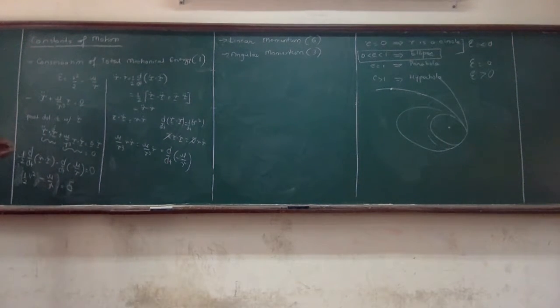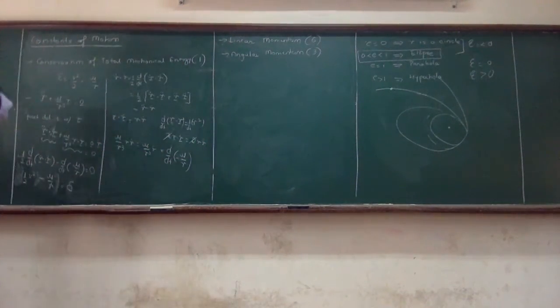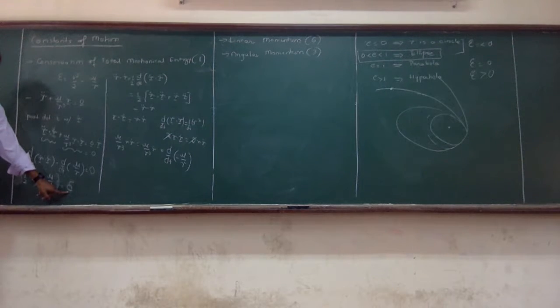Now think about this. If you want to calculate the escape velocity at a particular distance, what would you do? You use this. Substitute this equal to, if you want to escape, this will be 0. The minimum required, and then you put in this r, at what stage you are, and what is the velocity required at that point.